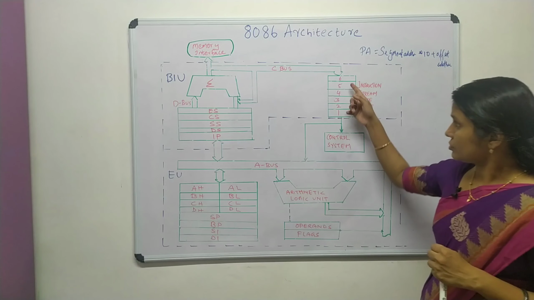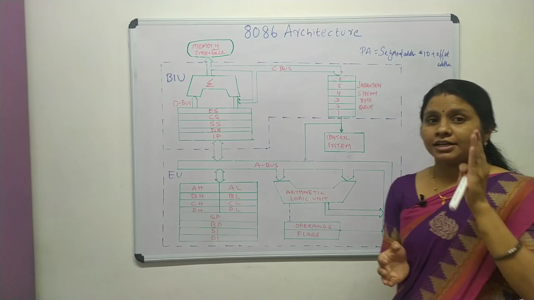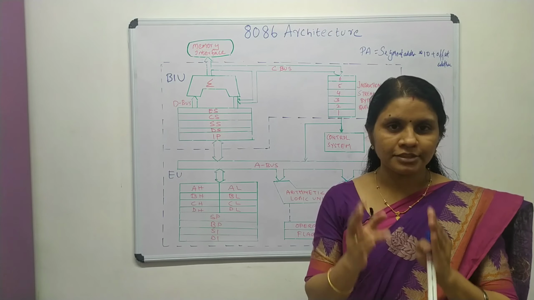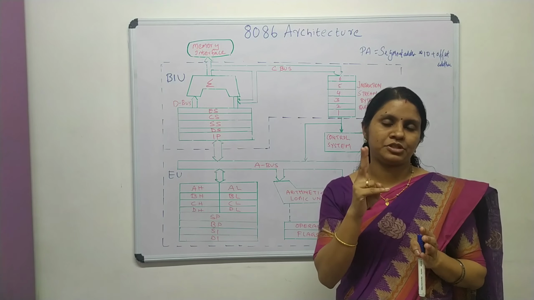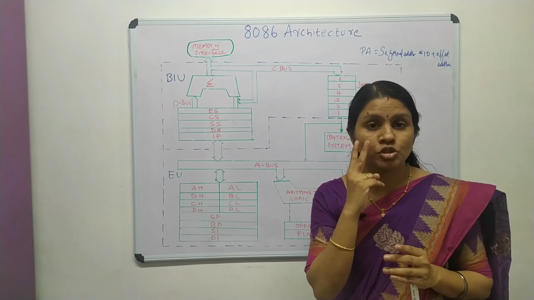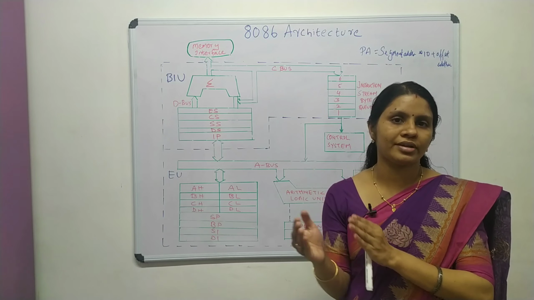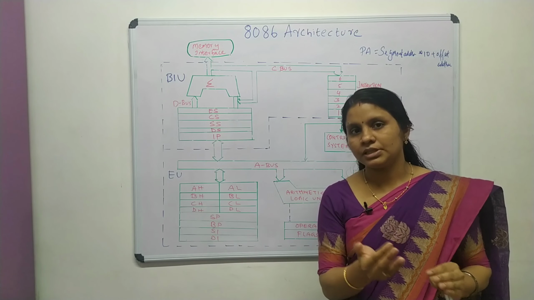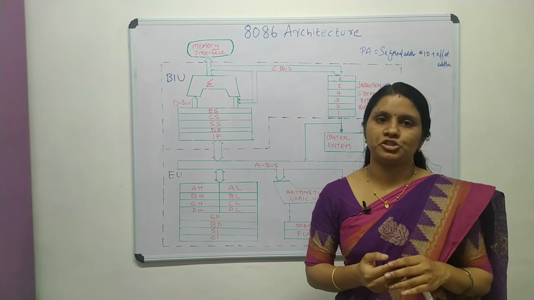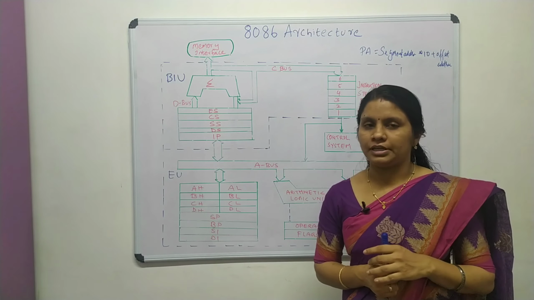This queue is of 6 byte storage, and the queue is refilled when at least 2 bytes are empty. Why? Because 8086 is a 16-bit processor, that is, it can transfer 16 bits of information. So we need 2 bytes to be empty for refilling the queue.